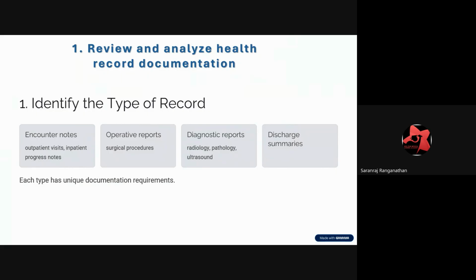Based on the discharge summary only, you will be able to identify what is POA, present on admission, and what is HAC, the hospital acquired conditions, what is the principal condition, what is the secondary diagnosis, which are the major morbidity conditions, or which are the complication and comorbidity conditions. All this you will be able to identify with the help of the discharge summary.